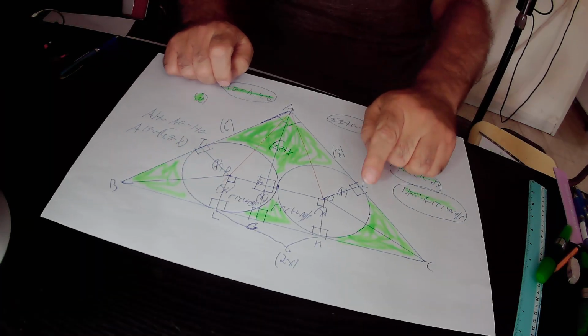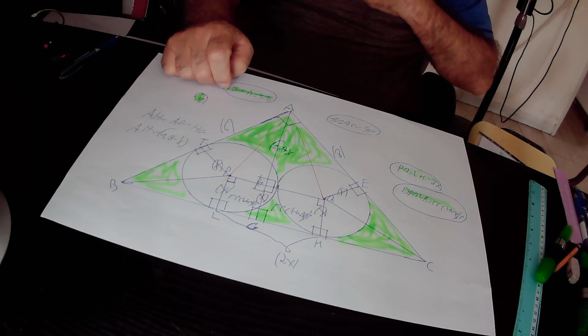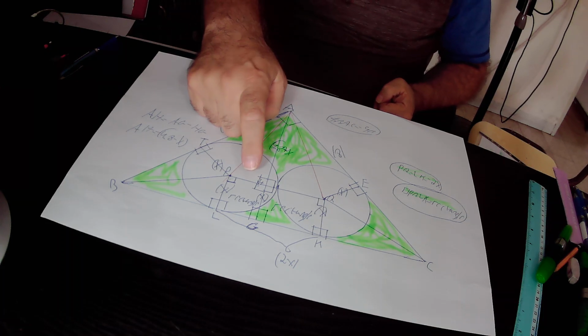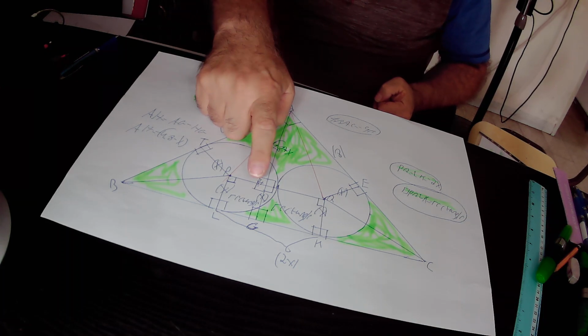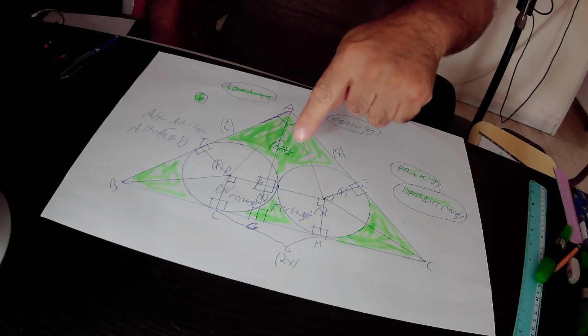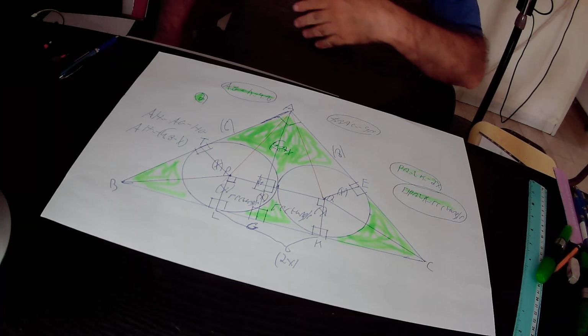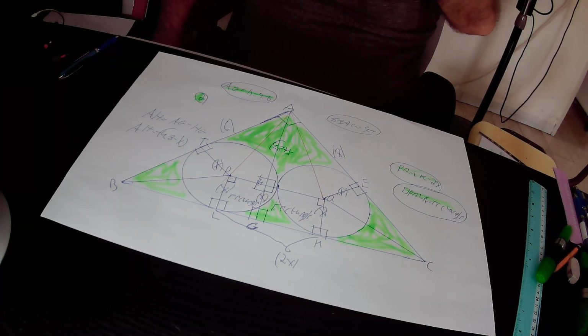The fourth part is the right triangle QKC. The fifth part is the rectangle PQKL, and the sixth part is triangle APQ. It's very clear that the area of triangle ABC must be equal to the sum of the areas of the 6 shapes that it consists of.